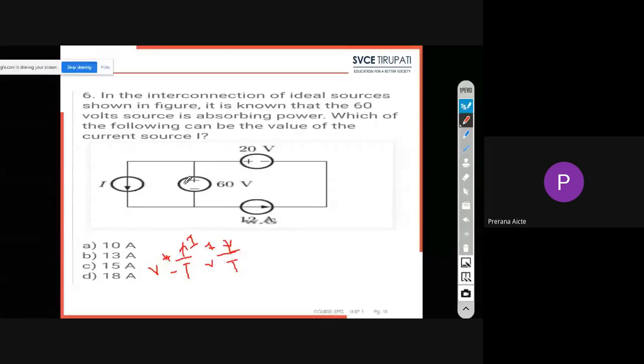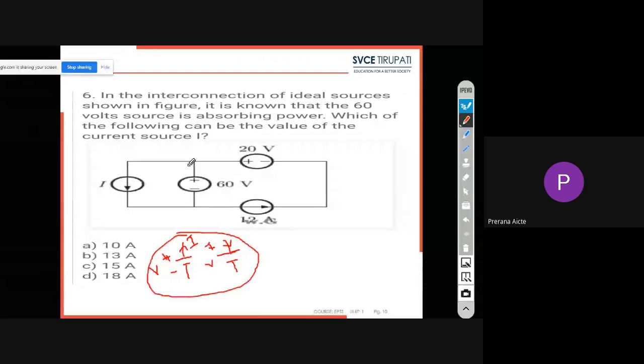What is the direction of the current here? Is there any doubt? So two things: while a source is absorbing the power, current is entering. We have to know this to solve this problem.